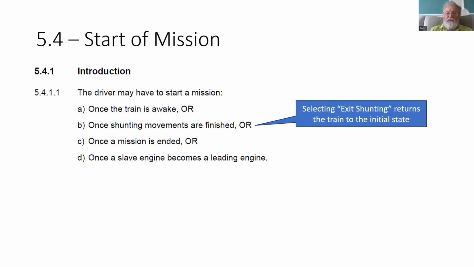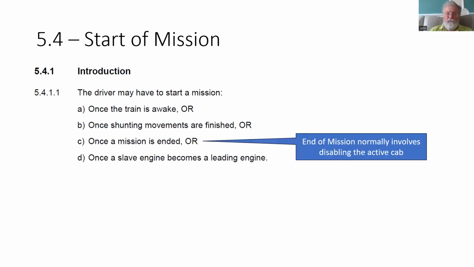Another option is that a shunting activity has taken place using SH or shunt mode, and the driver has finished that activity and selects exit shunting on the DMI, which returns the train to its initial state ready for another mission. So that's another trigger of a start of mission procedure.